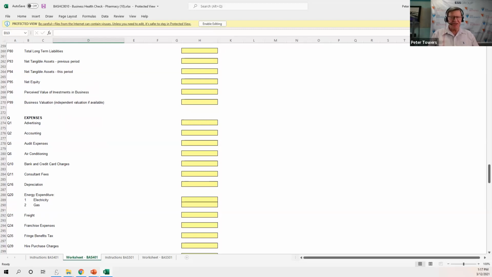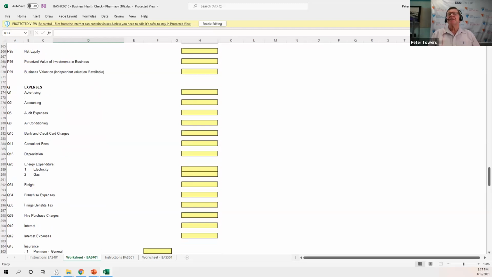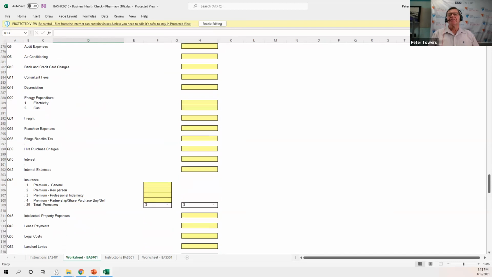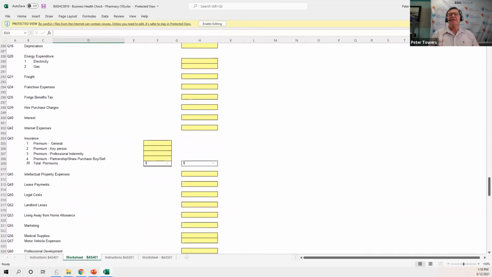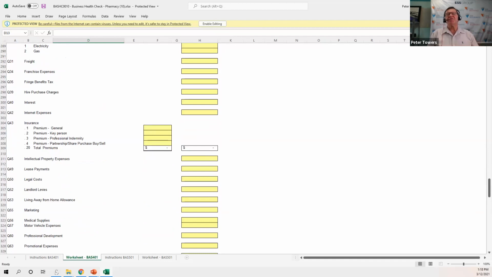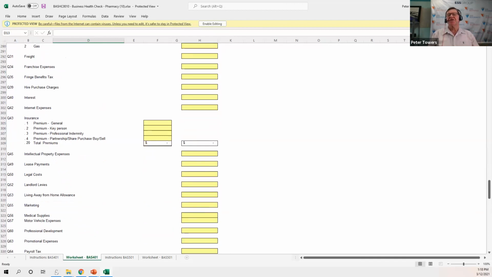You might not have them each time, of course. Expenses. We've then broken down the expenses. Because the owners of the test pharmacy were very interested in seeing a detailed analysis of the percentage each expense represented out of the total turnover.